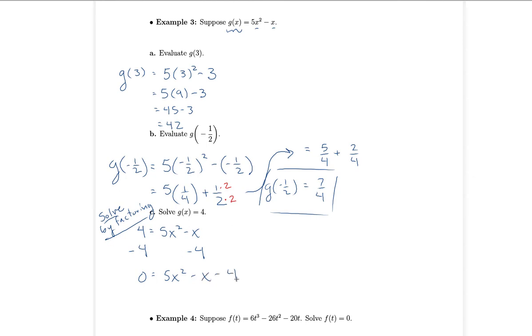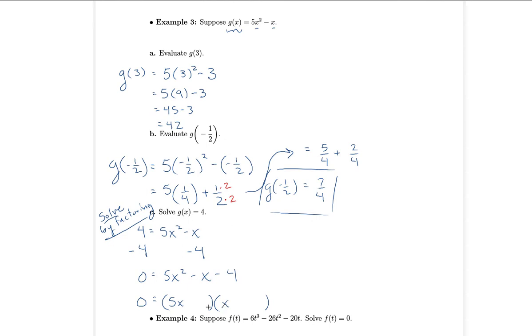So as a reminder, in factoring, what we're trying to do is essentially reverse FOIL this. So I want to break it into a binomial times a binomial, where the first times the first gives me 5x squared. Well, the only way I can really do that is if I put a 5x in one of them and an x in the other.